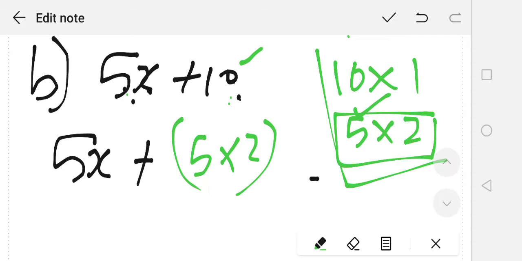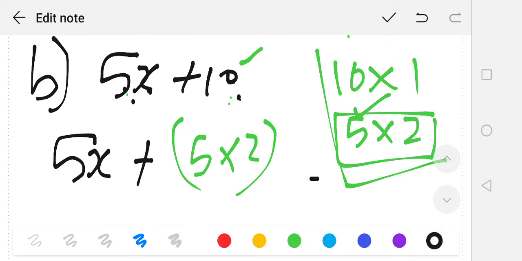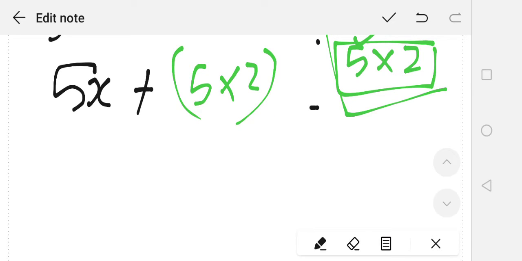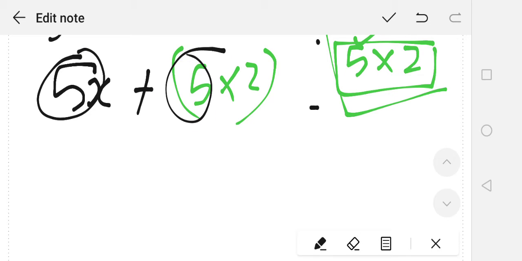Now that we have written this 10 as 5 times 2, we can see that there is a common factor in these two terms, and our common factor is of course 5. So the second step is that we will isolate our common factor and open up a bracket, and everything that is left in this expression we will write inside this bracket.